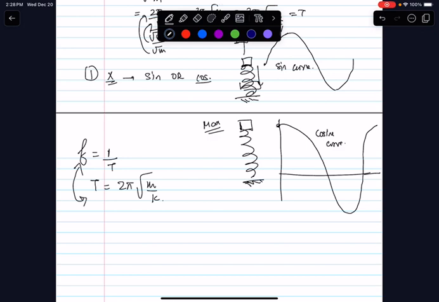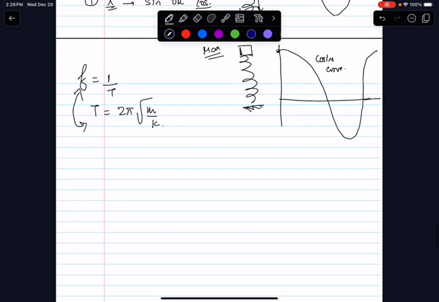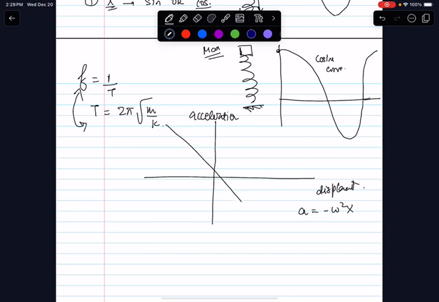Now, in summary, for simple harmonic motion, if you have acceleration and displacement, the defining condition is acceleration is negative omega squared x, and you get this sort of graph. The gradient of this graph, m, is just negative omega squared.